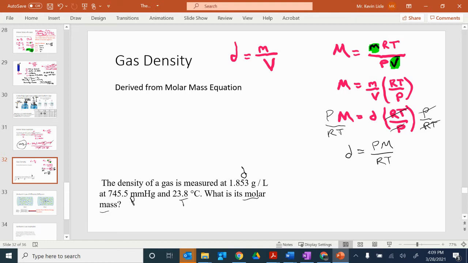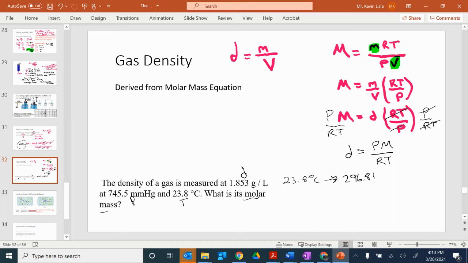Our density is fine, but this 23.8 degrees Celsius we need to change. We need to add 273 to change it to Kelvin. So on my calculator, 23.8 plus 273 equals 296.8 Kelvin.